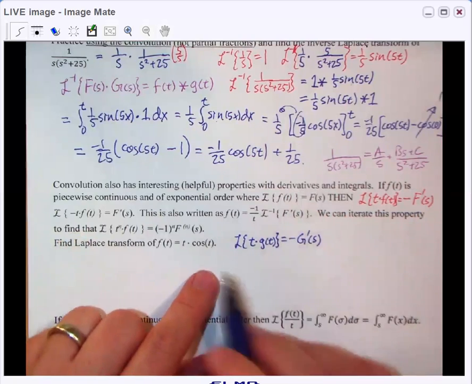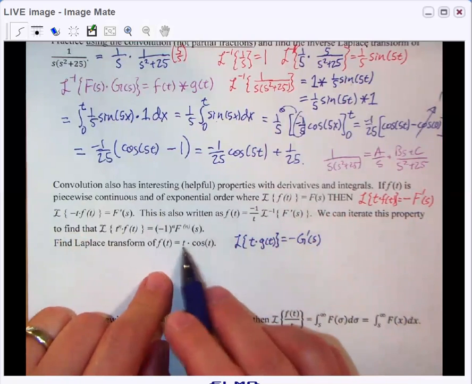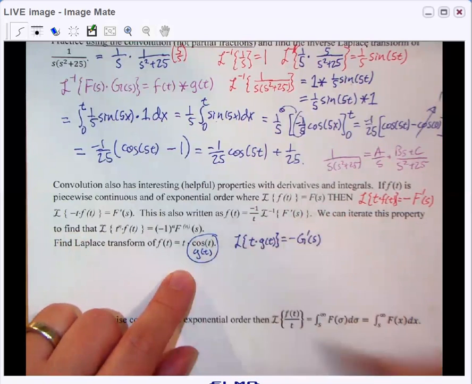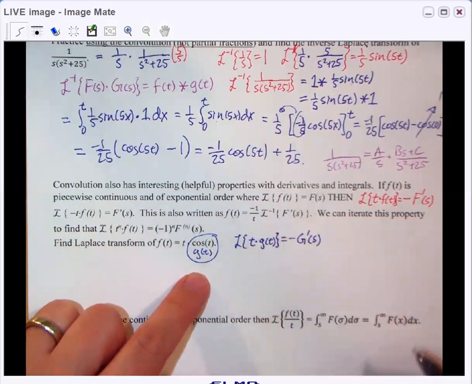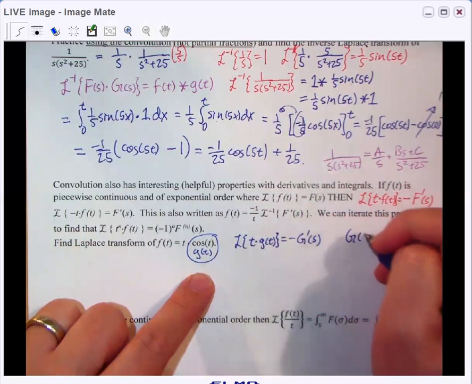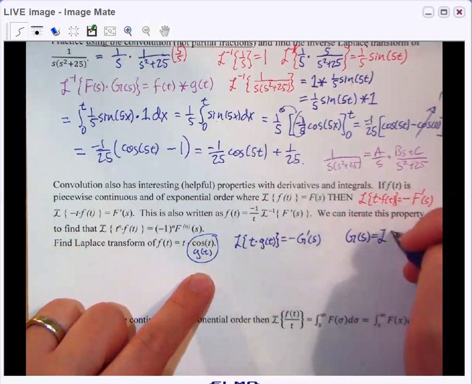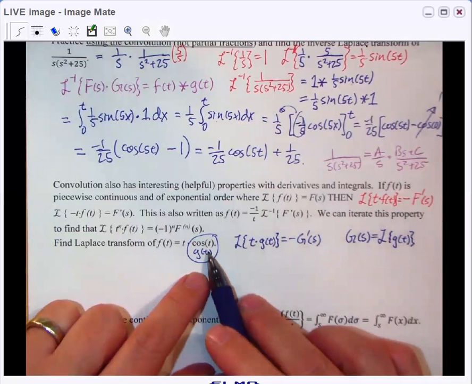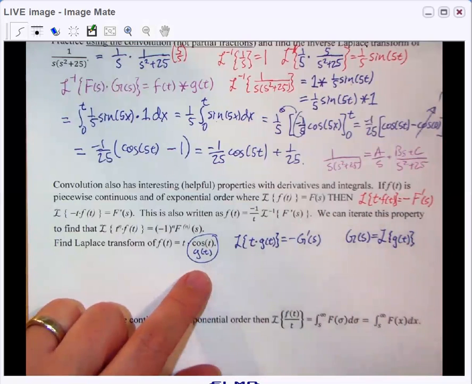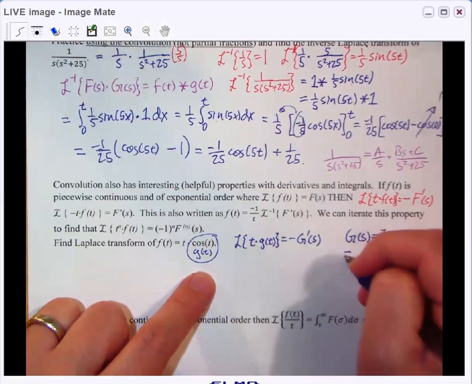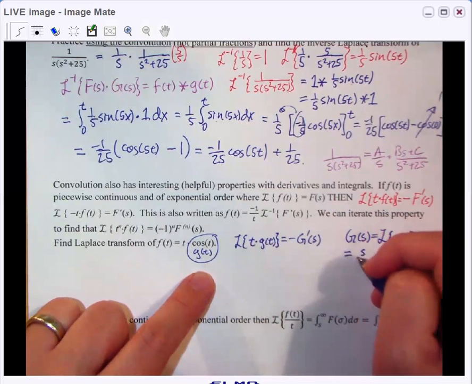So that I can make it fit, if f of t is t times cosine of t, I'm going to call the g of t part just the cosine of t. Why would I want to do that? Because I need to find G of s, the Laplace transform for little g of t, and we know the Laplace transform for cosine of t. We've seen it time and time again. That would be, in this case, equal to s over s squared plus 1.